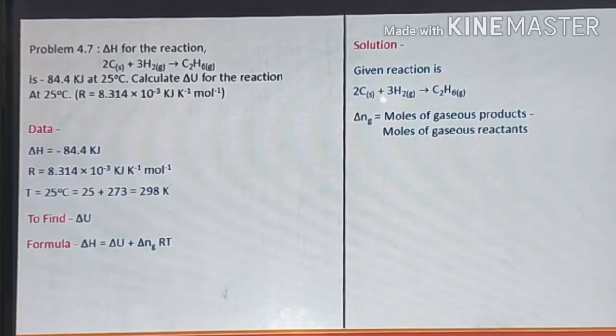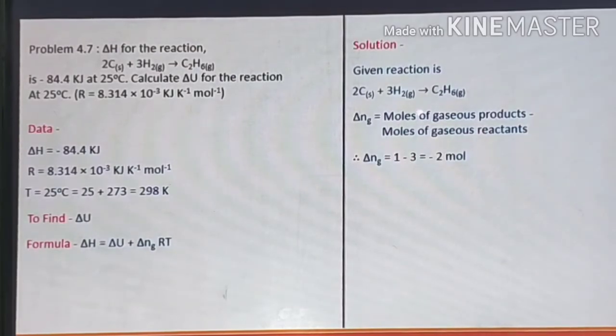When you calculate delta Ng, you have to consider number of moles of only gaseous products and reactants. So delta Ng is equal to moles of gaseous products minus moles of gaseous reactants. So delta Ng will be, I have to consider number of moles of C2H6, that is 1, minus number of moles of H2, that is 3. So delta Ng comes out to be minus 2 moles.